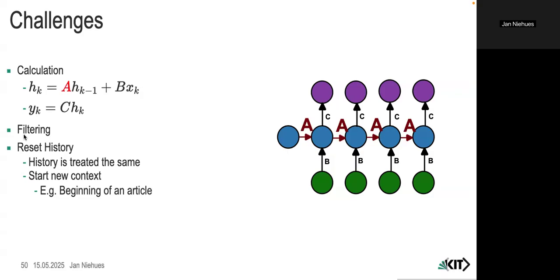Any idea? If you think about the sample length, how would you sample it if you want to ignore what happened before? Long sample.